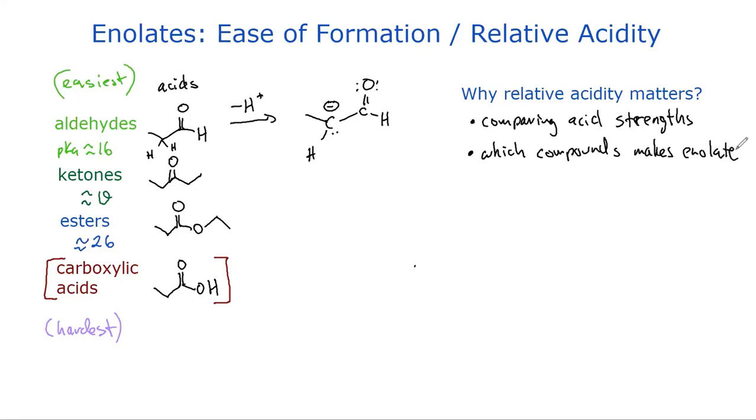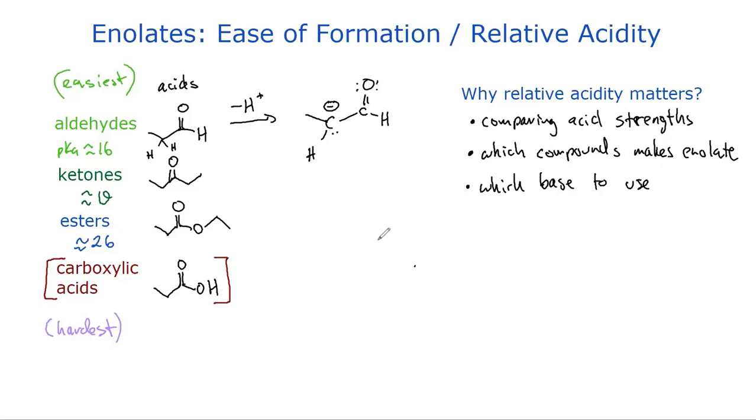And we'll get to this when we talk about the reactions, or so-called mixed condensations. And finally, we might use it as a consideration of which base to use in a reaction, depending on how much of the enolate we want to have present.